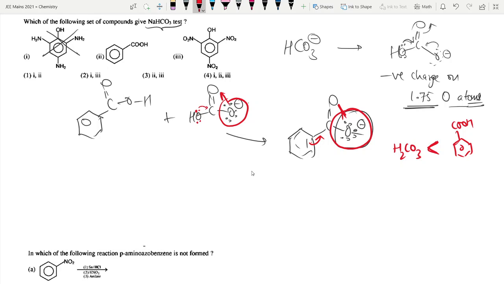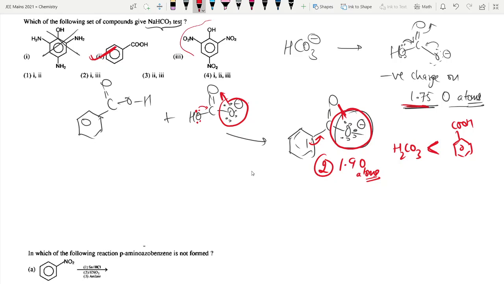And even here, I wouldn't write two oxygen atoms, I would write maybe 1.9 oxygen atoms involved in sharing the minus charge here, but here 1.75, because this resonance from oxygen is very nice, and it's not disturbing the aromaticity anywhere, so it can happen easily, and it wouldn't help in stabilizing the negative charge. Here also that is happening, but I would like to go with this one. This will give a positive test.